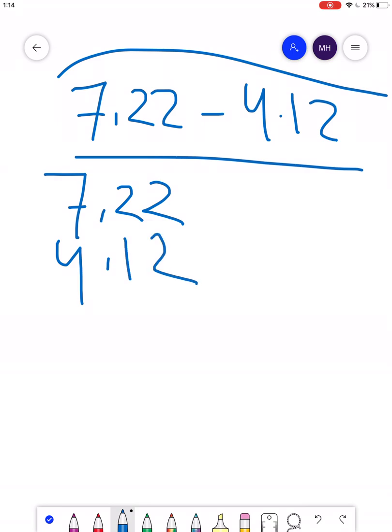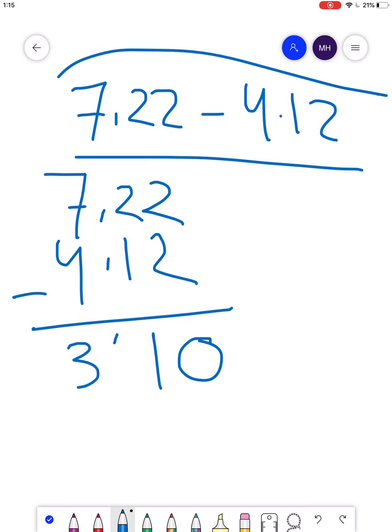I subtract from the right, hundredths first, regroup if necessary. Now 2 minus 2 equals 0, 2 minus 1 equals 1, 7 minus 4 equals 3, so the answer is 3.10.